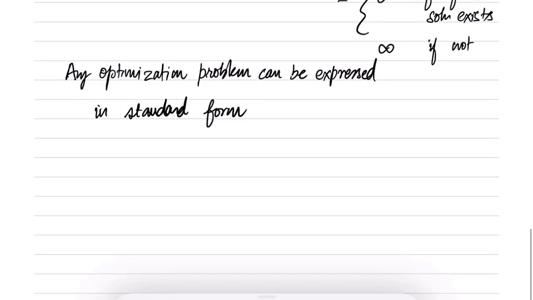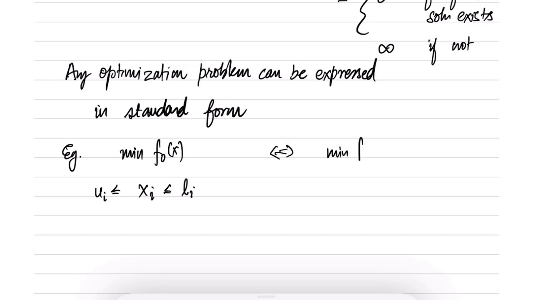For instance, consider the problem with box constraints. So we have, let's say, a problem of this form where xi is between li and ui. Now this constraint may not look like it is in the standard form, but you can always write this problem as minimize f naught of x such that xi minus ui is less than or equal to 0 and li minus xi is less than or equal to 0.